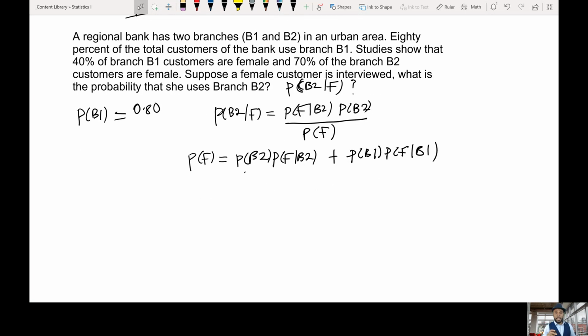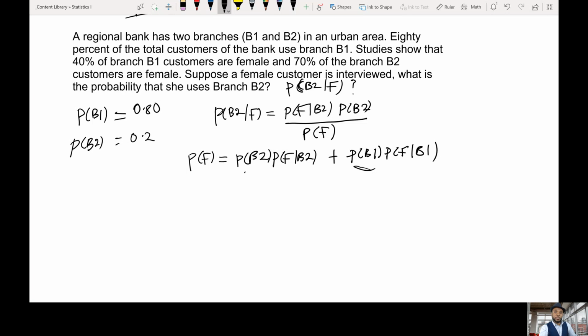So now let's see if we have all these values. We know what B1 is. Now, what's the probability of B2? A regional bank has two branches, B1 and B2, in an urban area, so B1 and B2 are complementary. That means B2 will be 1 minus 0.8, so that's 0.2.